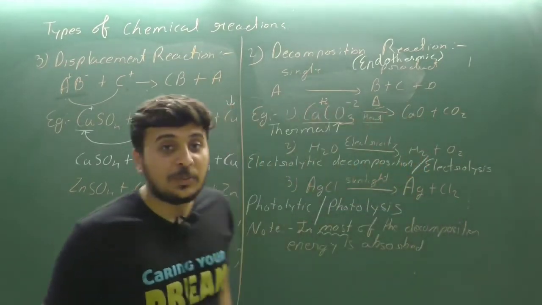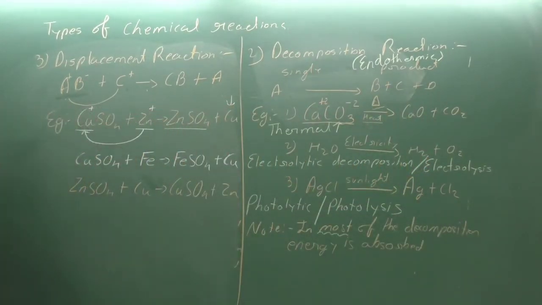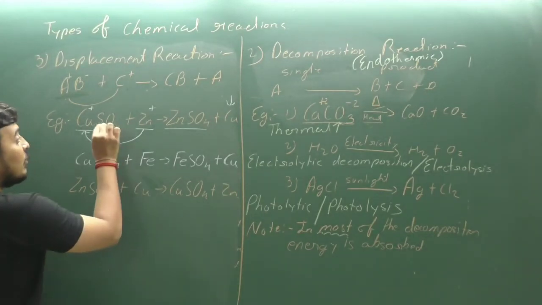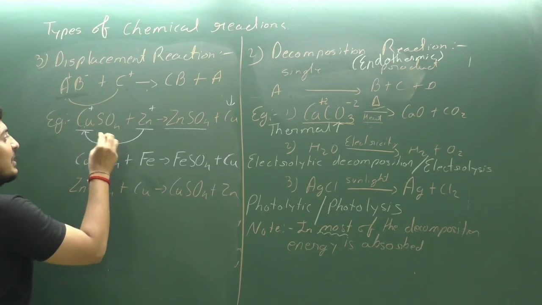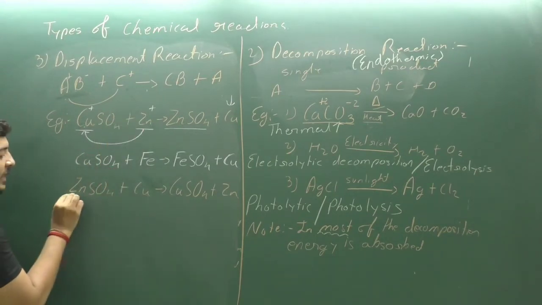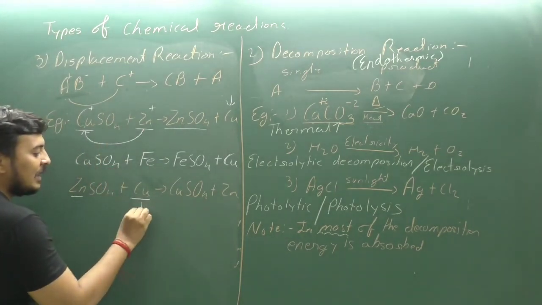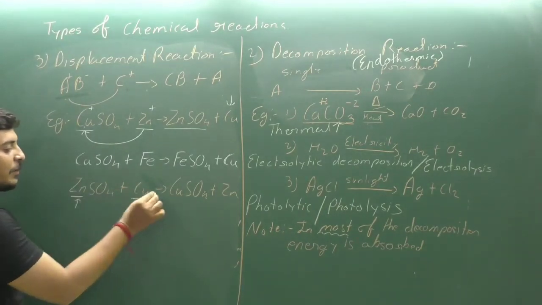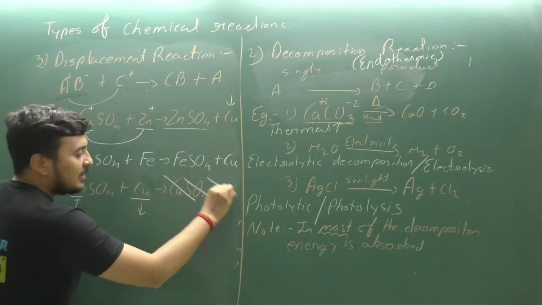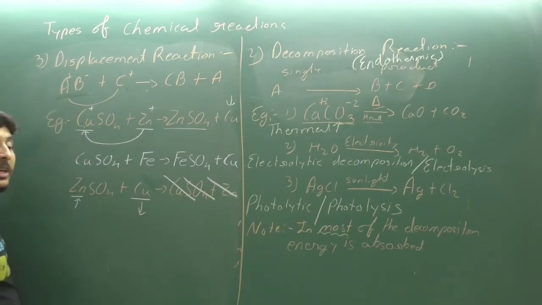Why? Because here we have learnt that zinc is more powerful than copper. It means copper is less powerful. So here zinc is more powerful, copper is less powerful. Copper cannot displace zinc from its compound. So the zinc sulfate solution plus copper will not form CuSO4 and Zn.